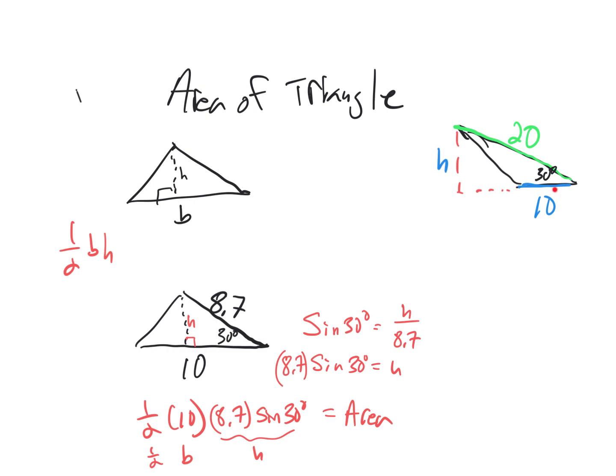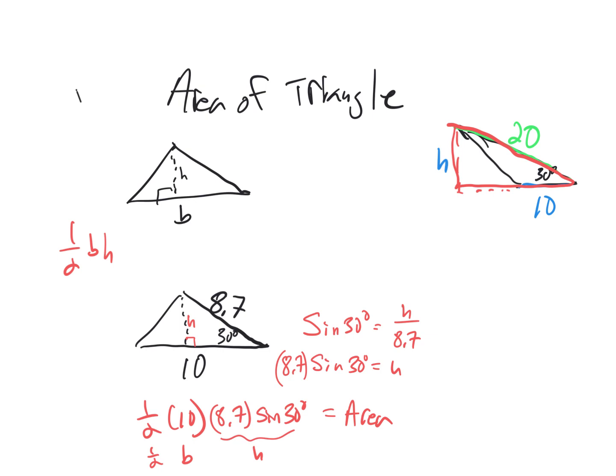I'm looking at 10 as being the base. I want to know that height, so I can say 1/2 times 10 times whatever the height is. What I want you to focus on is that the altitude, the perpendicular to the other side, is outside the triangle, and you see that this new triangle we drew is a right triangle, and the hypotenuse of that right triangle is 20. We're going to ignore the 10 because it's only part of this red triangle.